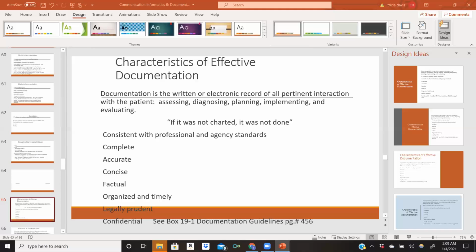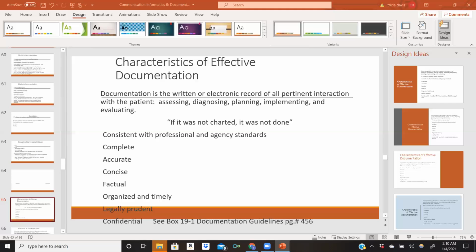So your documentation should be consistent with your professional and agency standards. Whatever they expect for you to document during the day, you should be documenting it how they want you to document it according to their standards. Your documentation should always be complete.